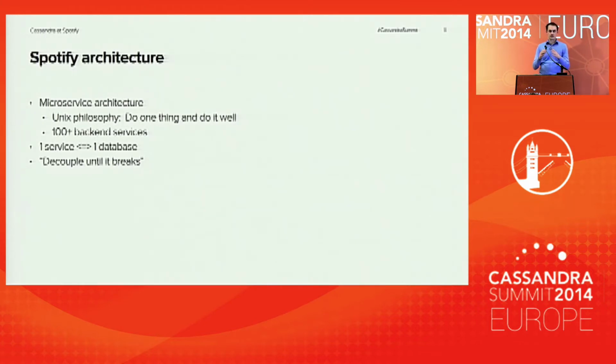Otherwise, if distinct services share the same database, and some team deploys a new version of a service that suddenly starts sending twice as many requests to the database because of some careless developer, you might bring down the entire database, causing other services to go down as well. And you don't want that. So for each of these backend services where you need to store data, we make sure that it has its own dedicated Cassandra cluster.